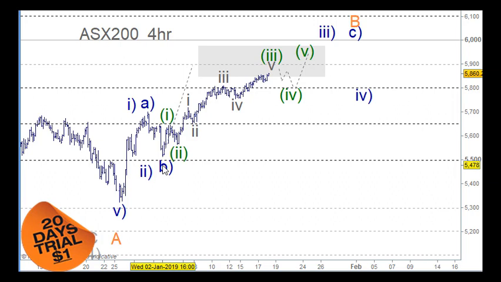So from wave B to wave 3 or wave C, we're looking for 5 waves. We've got wave 1 here, wave 2 here, and then we're going up for wave 3, and within wave 3 we're looking for 1, 2, 3, 4 and 5 within this little structure. So we still need wave 4 and wave 5 to play out to get to these ones here. This is what it looks like in this particular market.